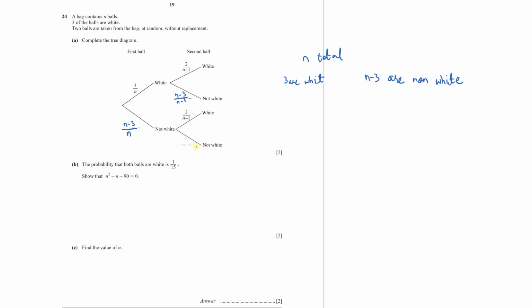So what is the probability of getting the not white the second time if your first one was not white?